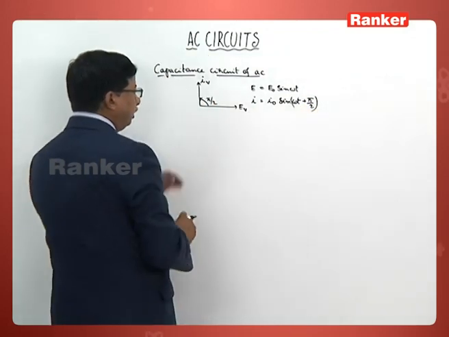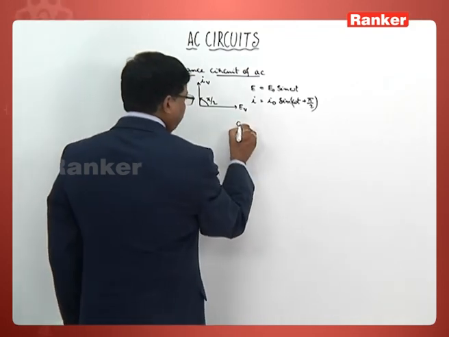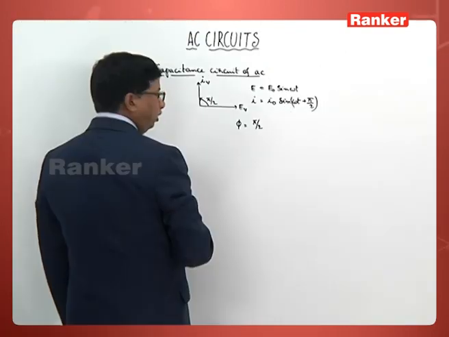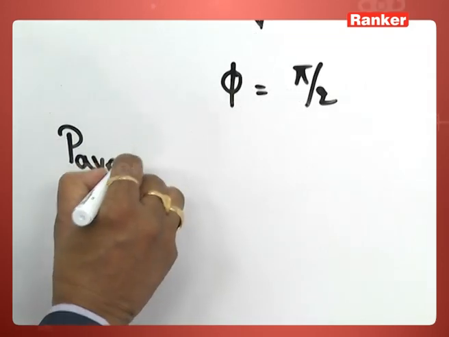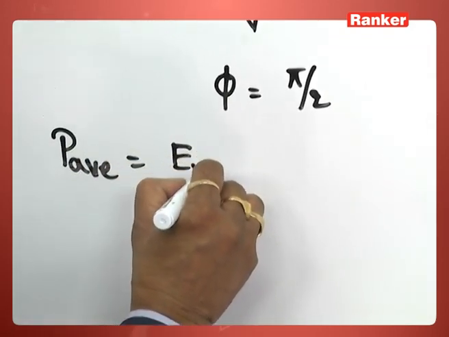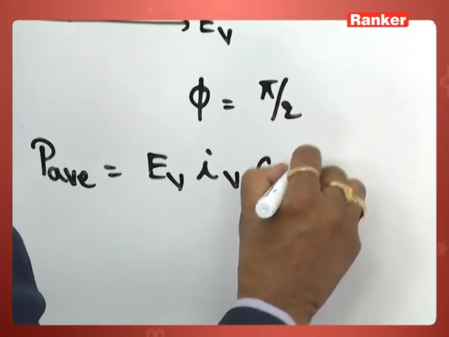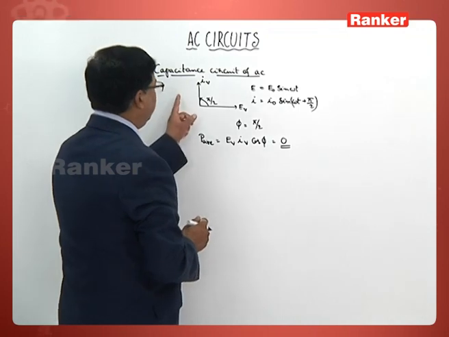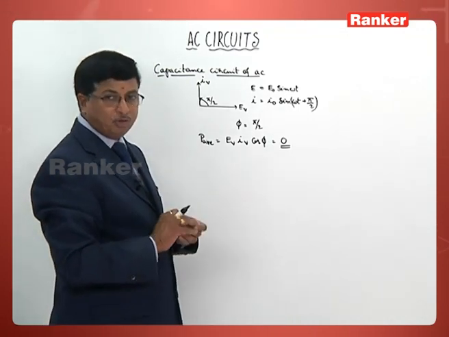Since current is leading by pi by 2 radian, again we can say that phi becomes pi by 2. Due to that, the average power when we write is EV into IV into cos phi again. This again becomes 0. So in the case of an exclusive capacitance circuit, average power will be 0.